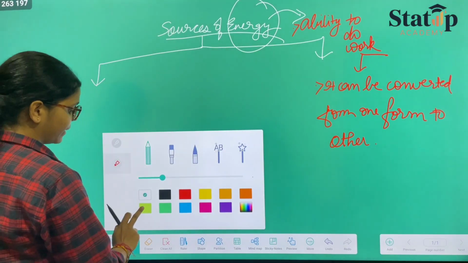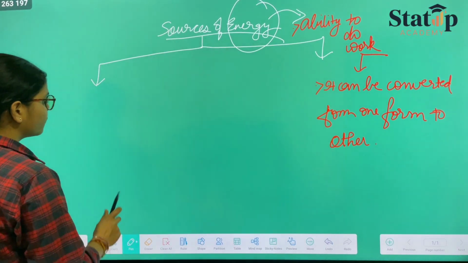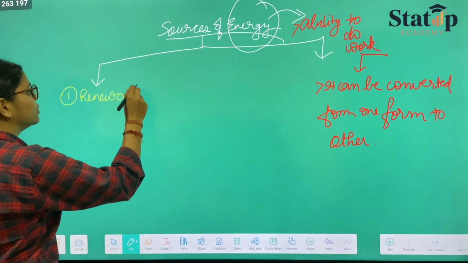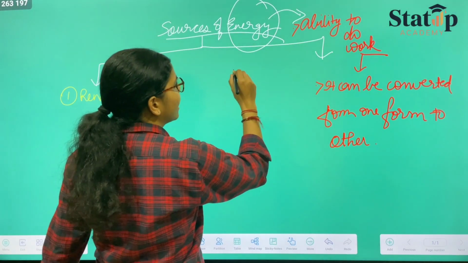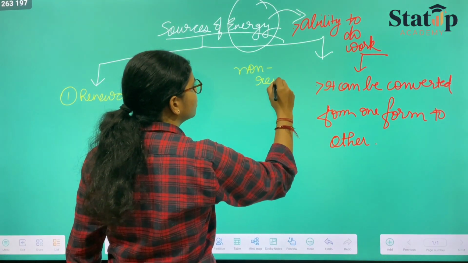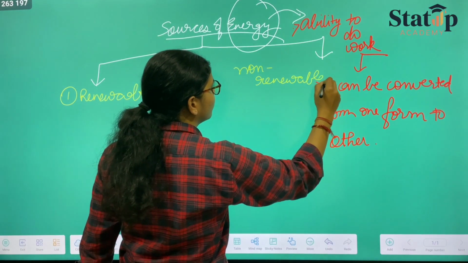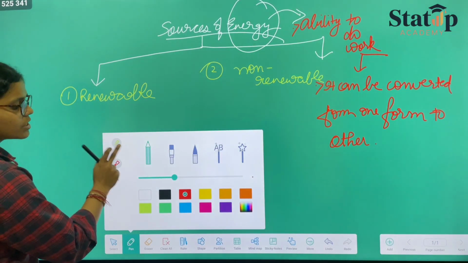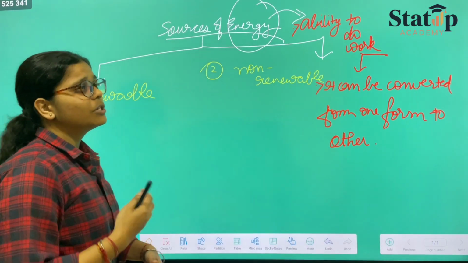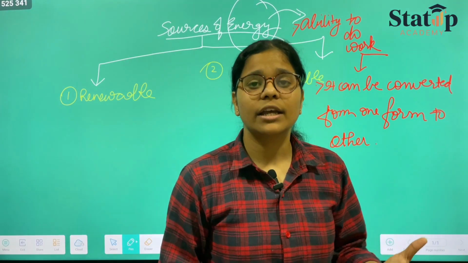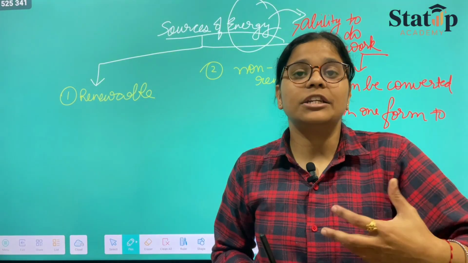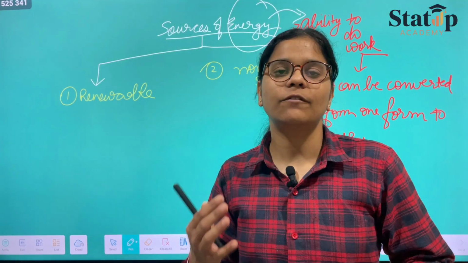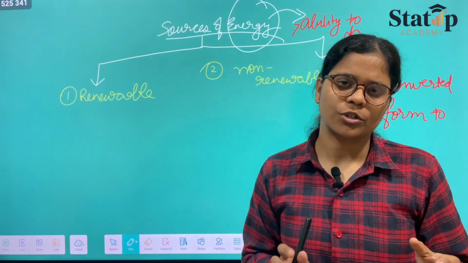The first classification of sources of energy is renewable sources of energy, and then comes non-renewable. Renewable sources of energy are those sources which can be reproduced with respect to time, so after a period you can use those sources of energy again.